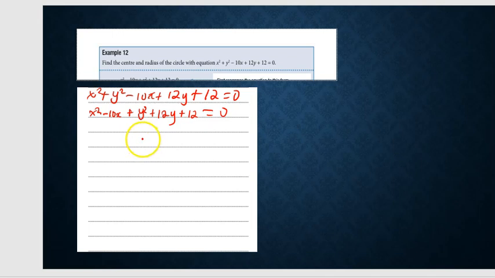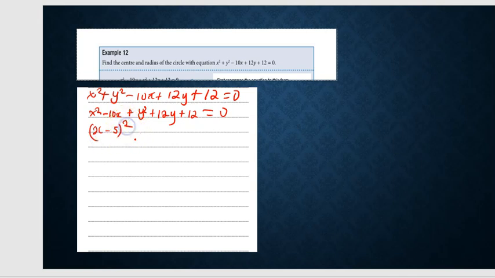Completing the square is one of the methods we use in solving quadratic equations. So here, let's complete the square for x and y, because we have x squared and y squared. For x, we have x squared minus 10x. So we can have x minus 5 squared by factorization.